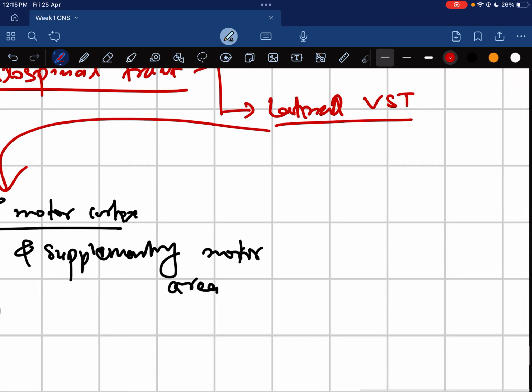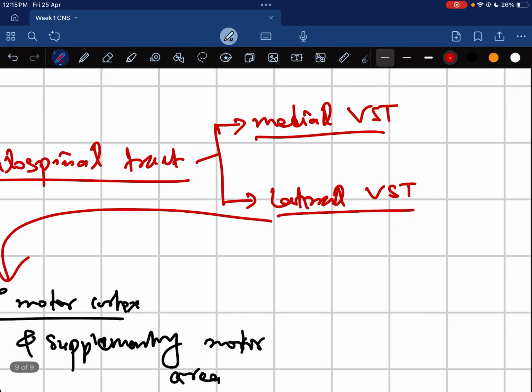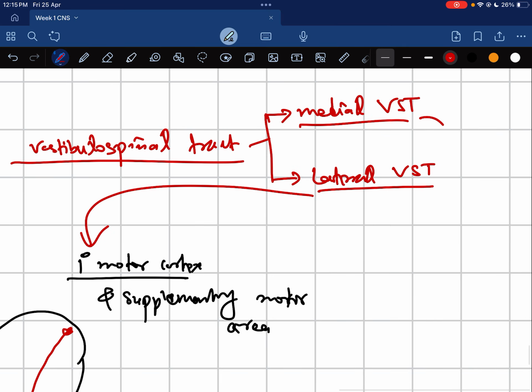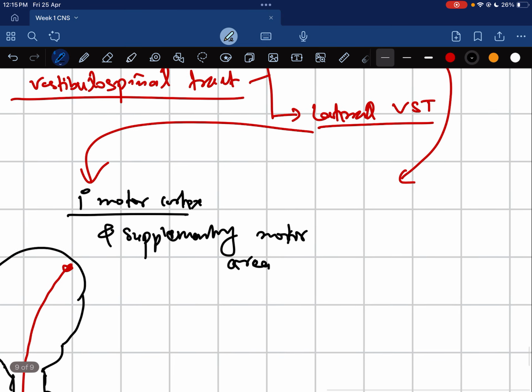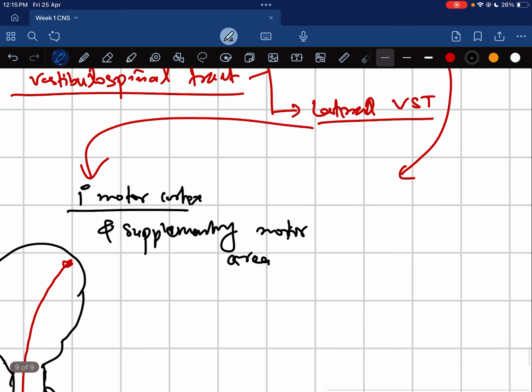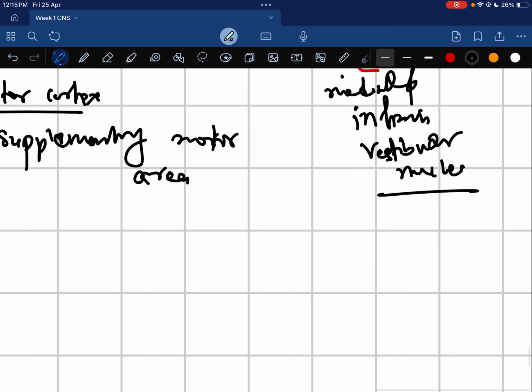And when we discuss the medial vestibulospinal tract, it originates from the inferior, medial and inferior vestibular nuclei in the medulla.